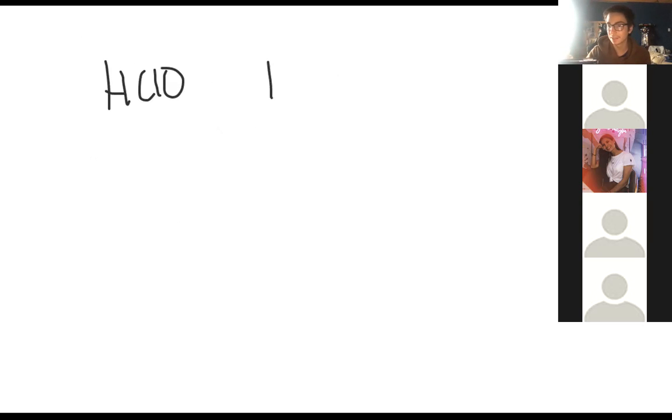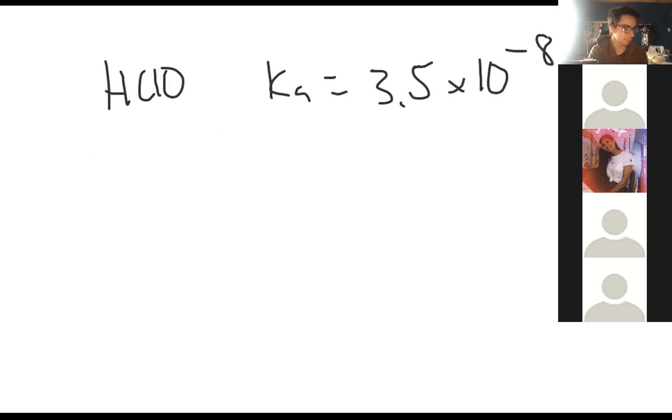Ka is equal to 3.5 times 10 to the negative 8.